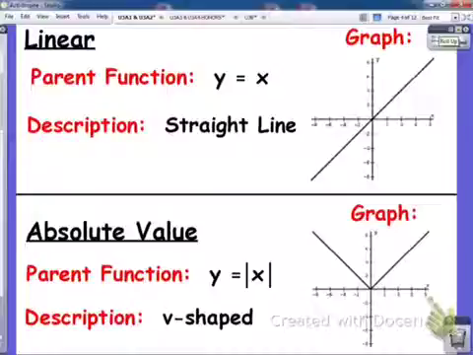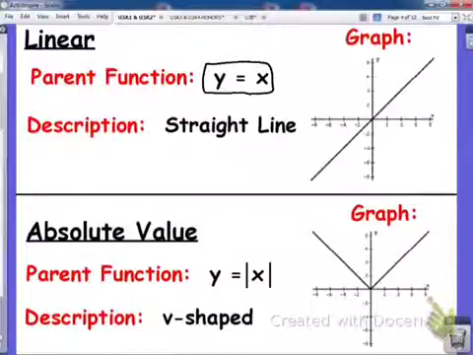So, just a quick review of these parent functions. Probably the most basic parent function that you'll run into is a linear function, and the parent equation looks like this: y equals x. The description is a straight line. If you think back to Algebra 1, y equals mx plus b.